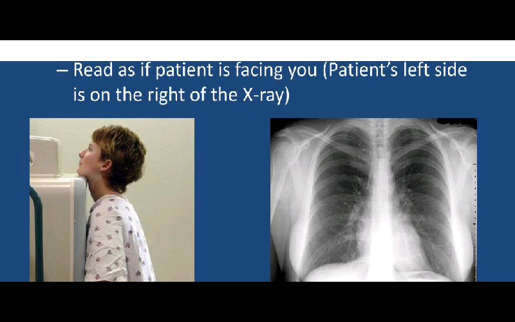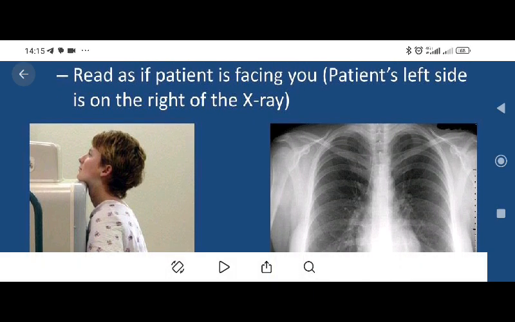No. So what we need to do, for you to know that this is the patient's left and this is the patient's right, is make sure that the patient's left side is on the right side of the X-ray. Read it as if the patient is facing you. That means if the patient is facing you, your right should be the patient's left. So your right hand should be where the patient's left side is on your radiograph.